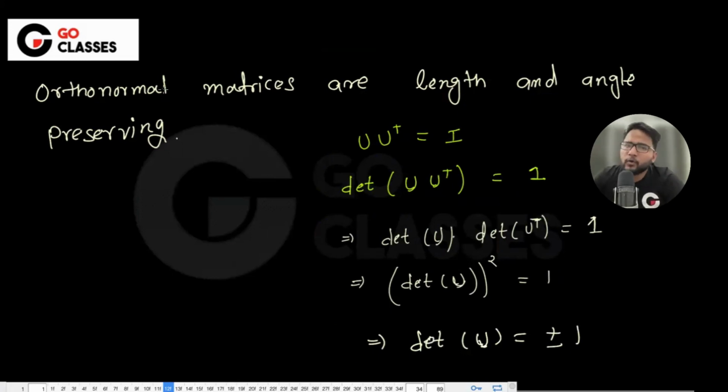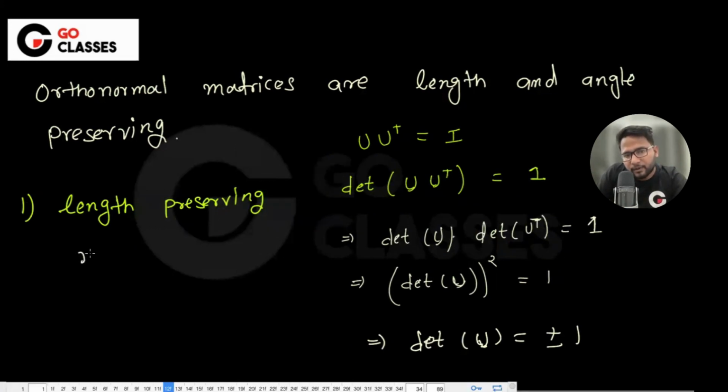So here I want to prove that these are length and angle preserving. Let's first prove length preserving. What do I mean by that? It means the length of x. You know what the length of x is? It is nothing but the square root of x1 squared plus x2 squared, and so on, right?